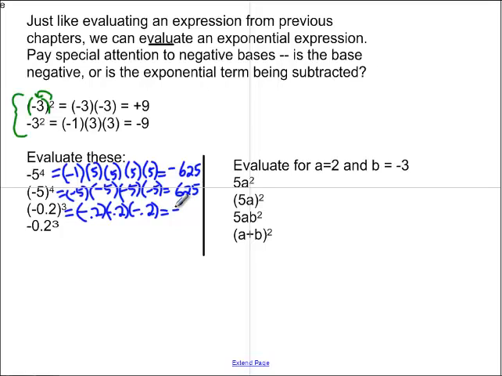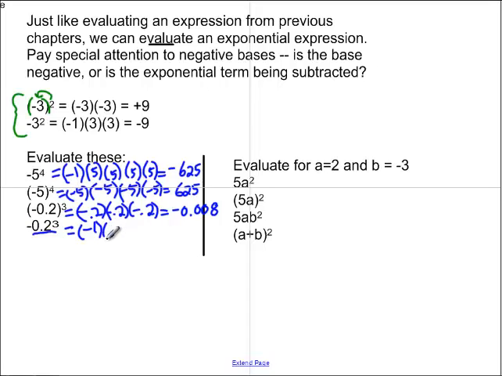And that gives us -0.008. This one, let's see, there's no parentheses here, so we're subtracting our base, base to the third power. Base is 0.2 to the third power. We're subtracting it, so we're multiplying by -1.